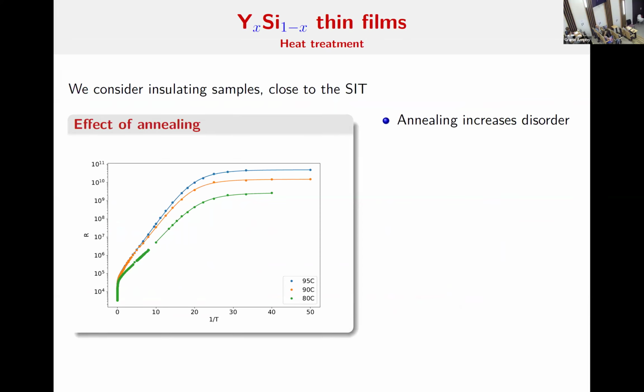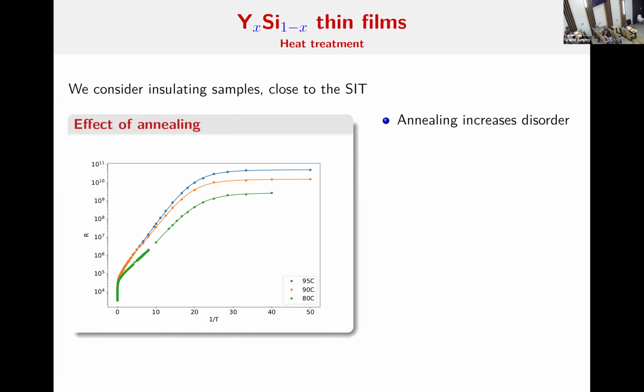Here we are considering samples in the insulating side, but close to the transition. The first thing that you notice is that the linear behavior of the conductivity is activated, and it is not clear why this is so.